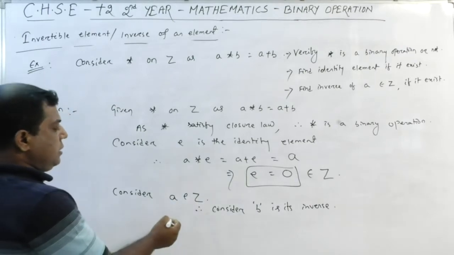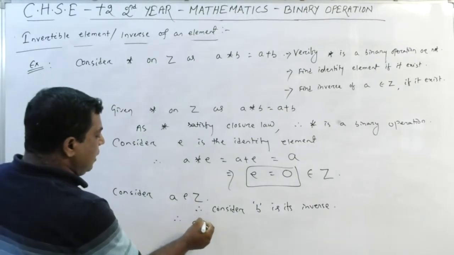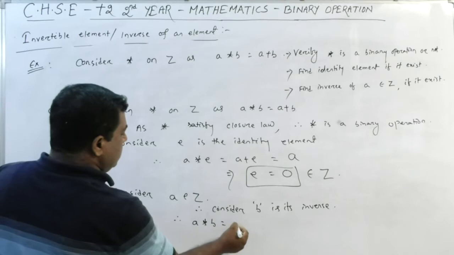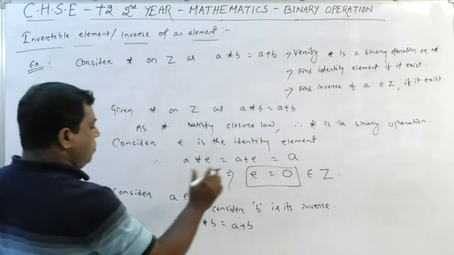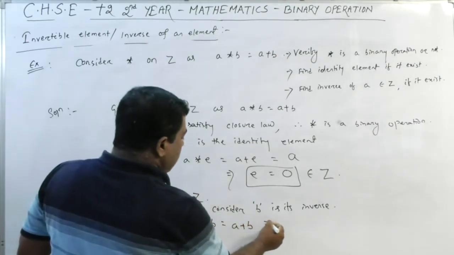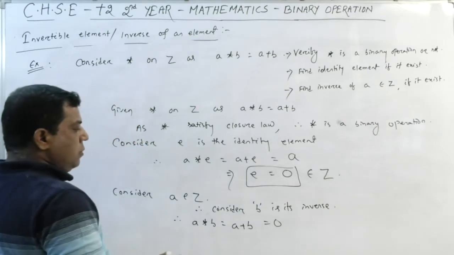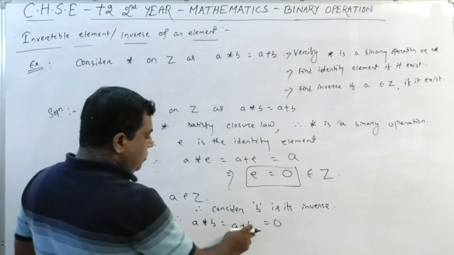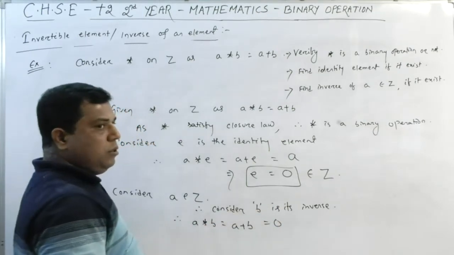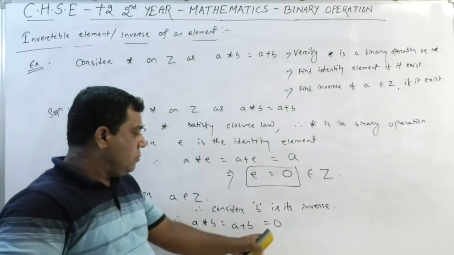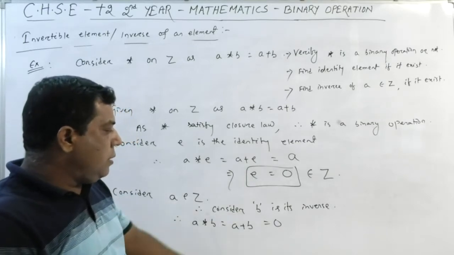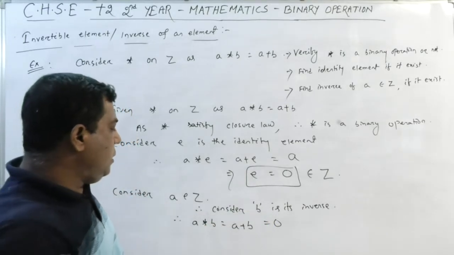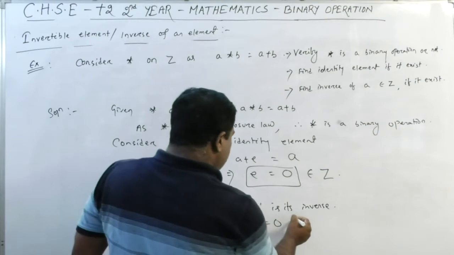If B is its inverse, therefore A star B, which is equal to A plus B as the binary process is defined, is equal to 0. Because if it is the inverse, the result is equal to the identity. So A plus B equals 0.